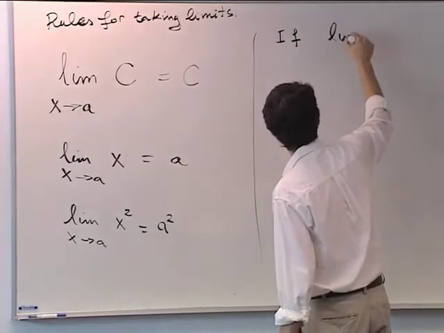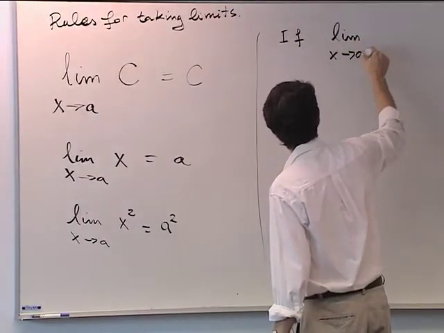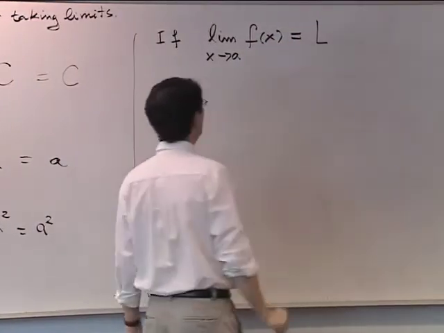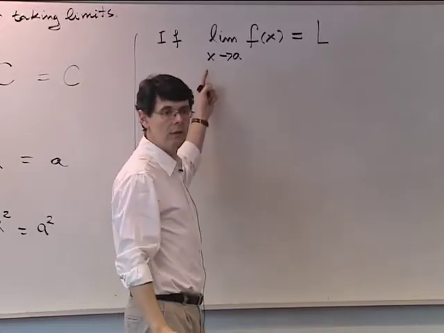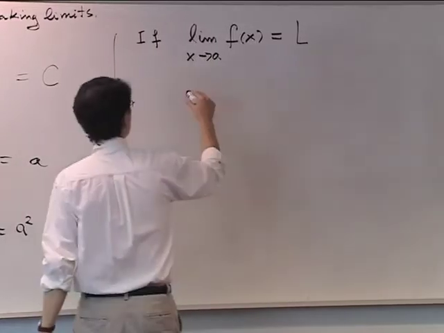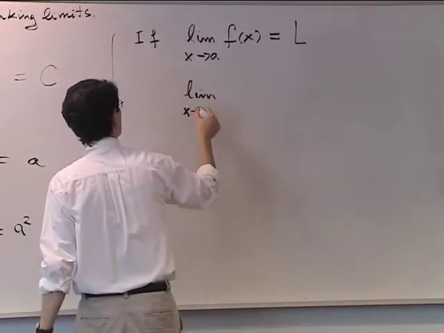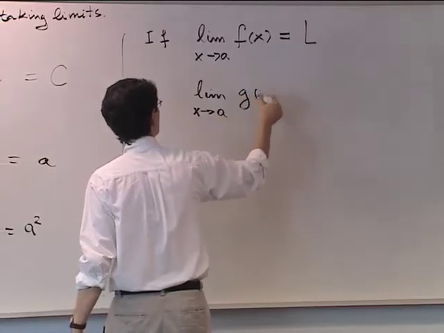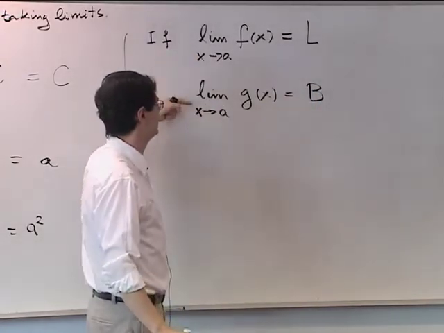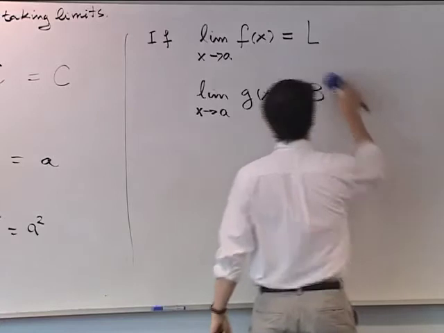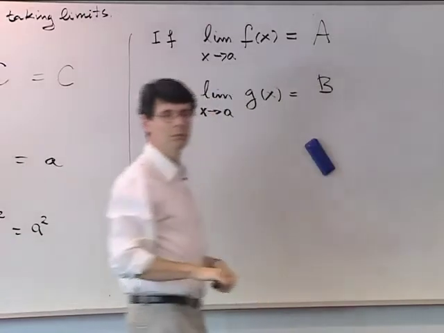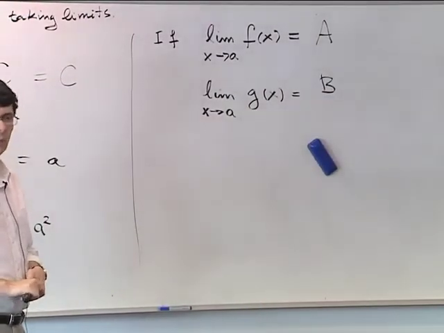If you know that this limit here is a number L, and that limit there is a number B, why did I choose B? Why did I choose L? A and B. L for limit and B for not limit.